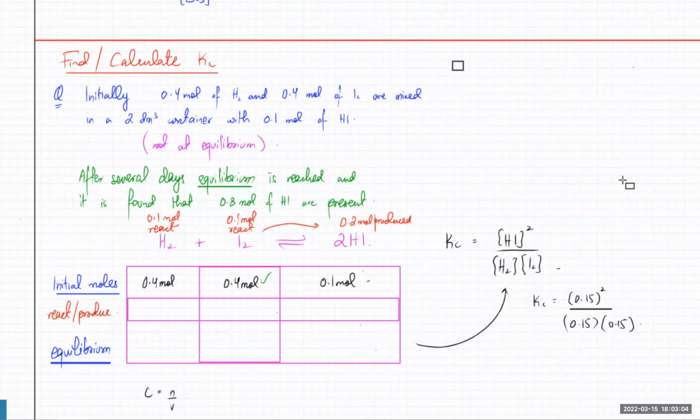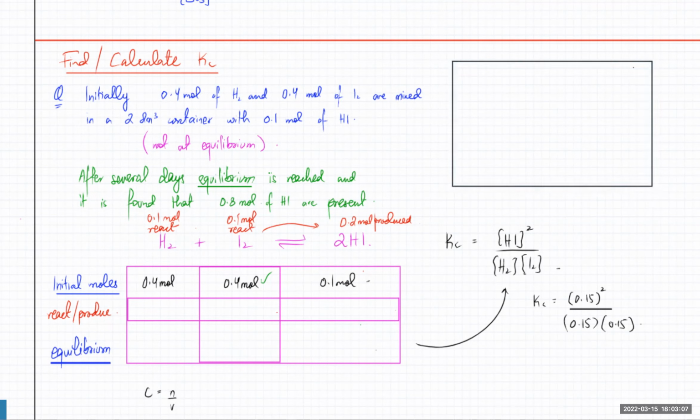So it's a question में लिखा हुआ है, it's a 2 dm cube container, and he says कि उसमें ना 0.4 moles of H2, and there is 0.4 moles of I2.